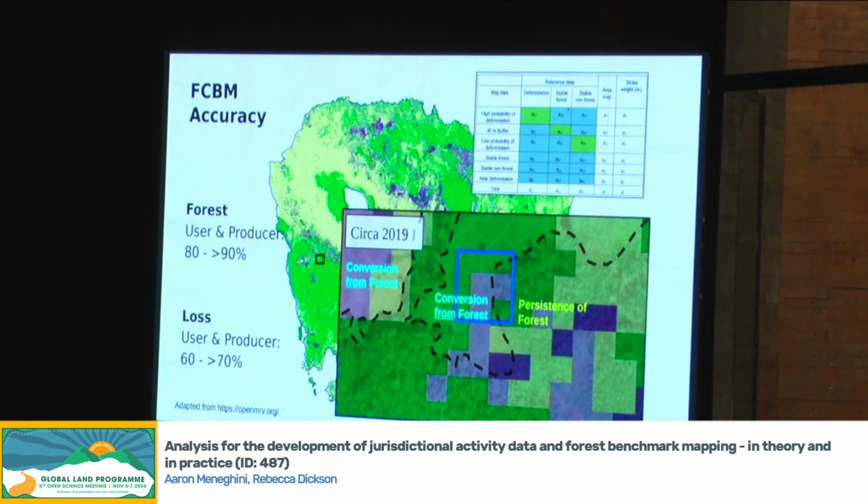To illustrate that great care and thought has to be taken when we're using these activity data to both inform the accuracy of the FCBM and to get that quantity of loss, which is a key challenge for a data service provider to consider. We have to ensure that the labeled activity data is relatable back to that forest cover benchmark map.